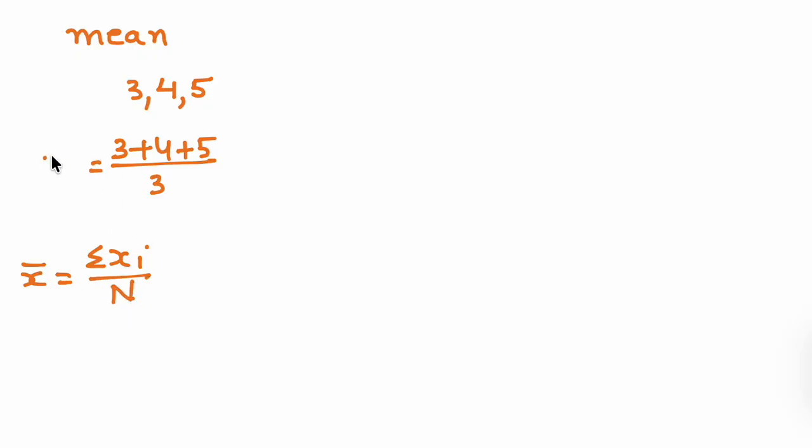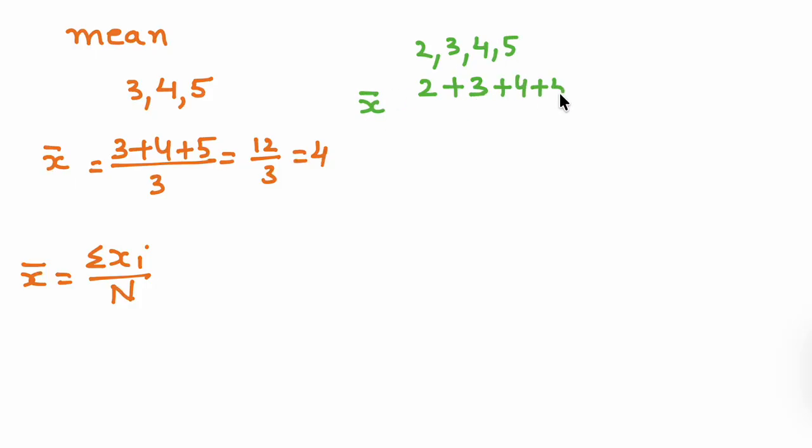So here the mean is 4. Now if you add a smaller observation to it, let's say I add 2, the data will become 2, 3, 4 and 5, and then the mean will be equal to 2 plus 3 plus 4 plus 5 divided by the number of observations.